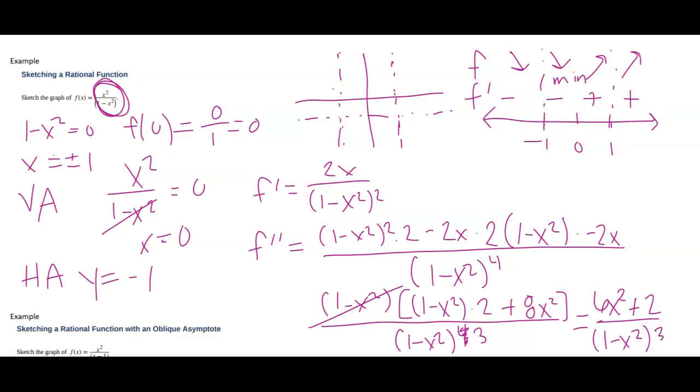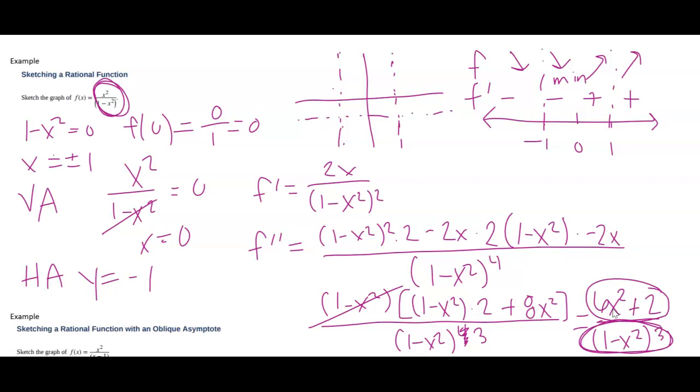Okay, so again, on my f double prime here, I'm going to have some points of interest at plus and minus 1. But then I also want to look at this top part right here. So notice on this top part, I actually don't have any zeros because 6x squared plus 2 is something that's always positive. So really the only places I need to look for changes in concavity is when the denominator is undefined.